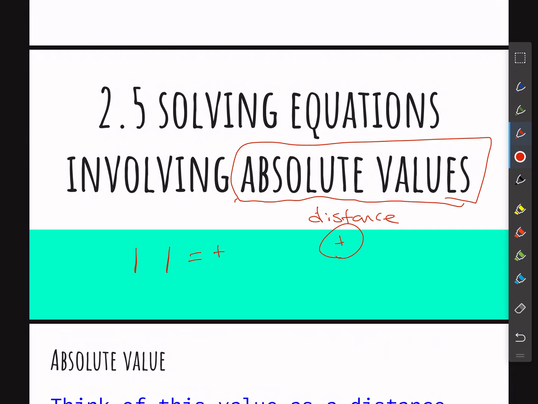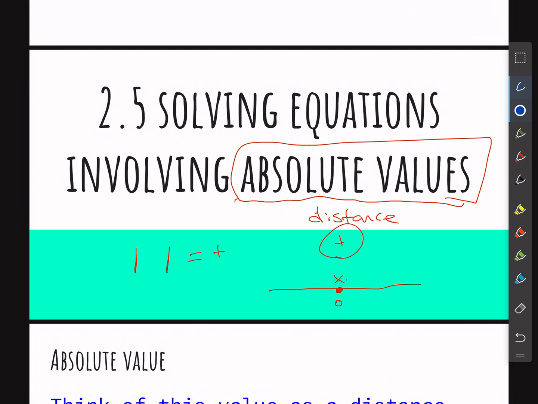Okay, but that said, what I want you to think about right off the bat before we get into anything is this idea. Say that I'm right here at 0 on a number line. If I told you to move 12 feet or 12 units or 12 spaces from 0 on a number line, you have two options, don't you?